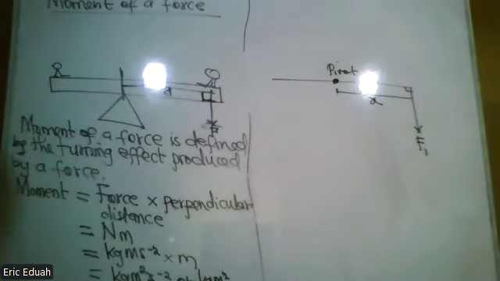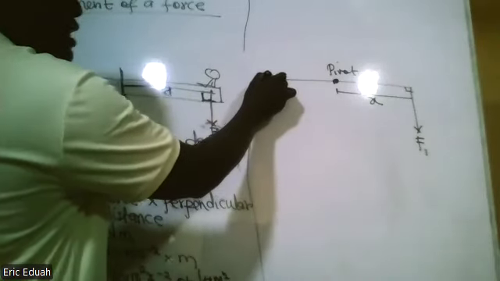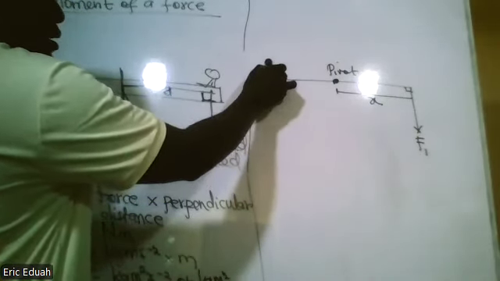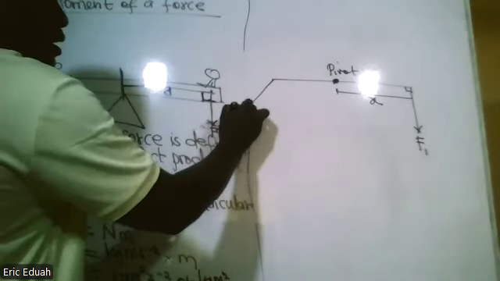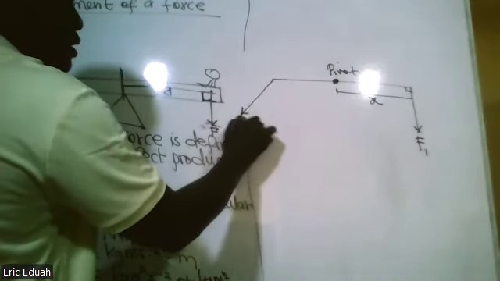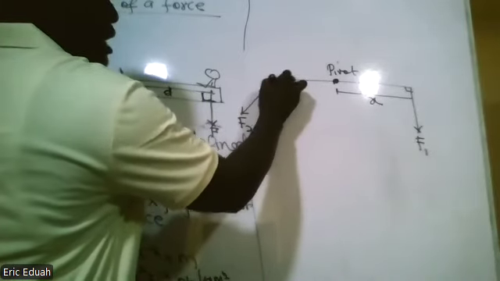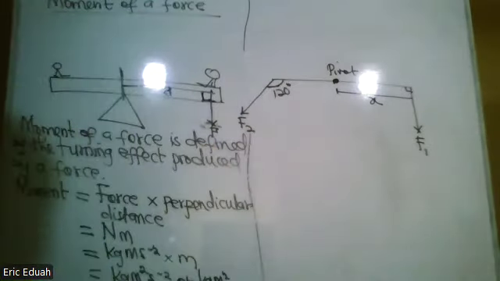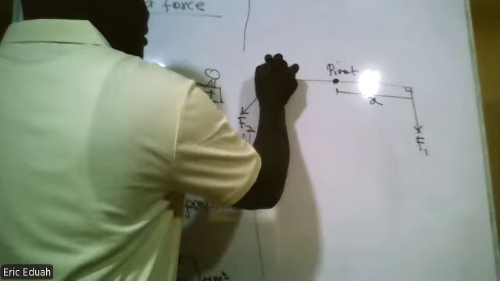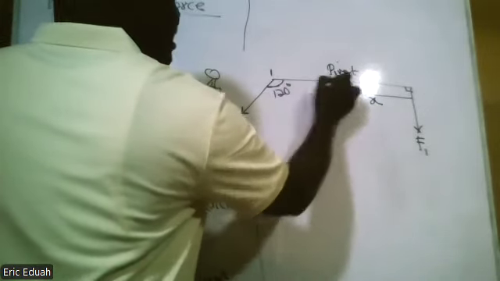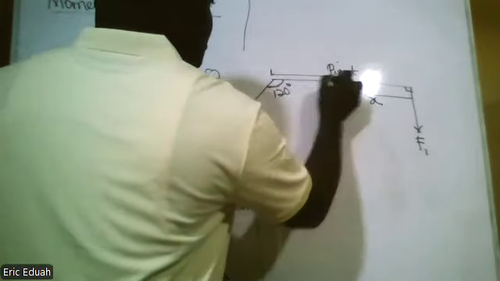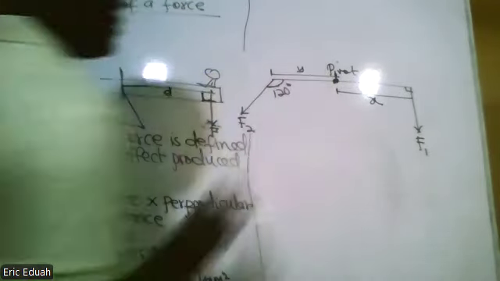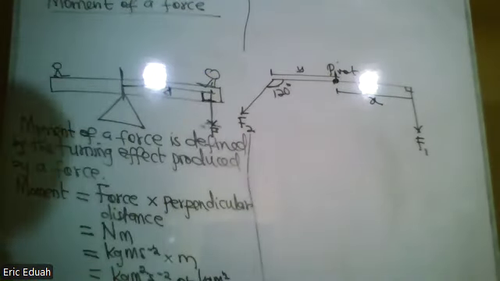And the relationship is that this is perpendicular. Now we also have this force F2 acting at an angle of 120 degrees, at a distance of y from the pivot.